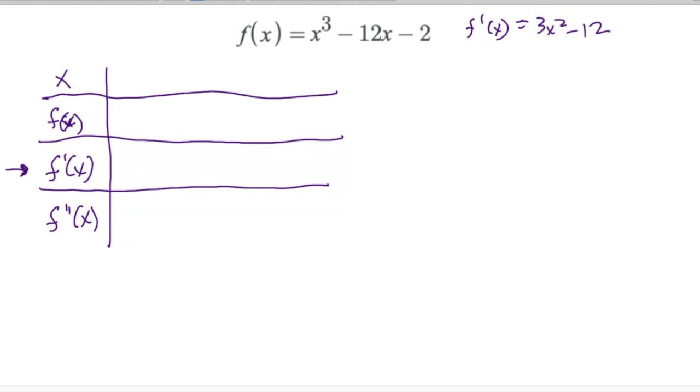So let's see, 3 times, what is that? x squared minus 4. If we factor that, we should get 3 times (x plus 2)(x minus 2). So that means we have a 0 at -2 and +2.